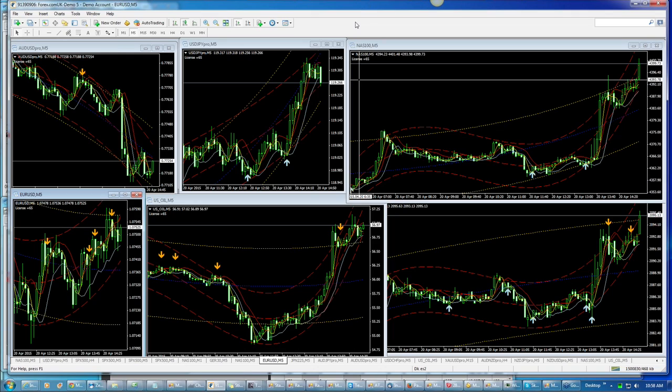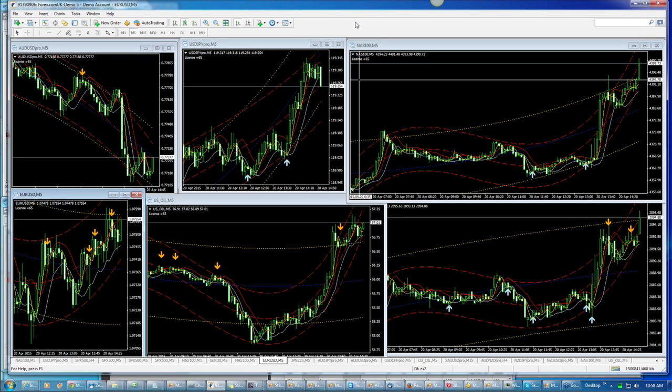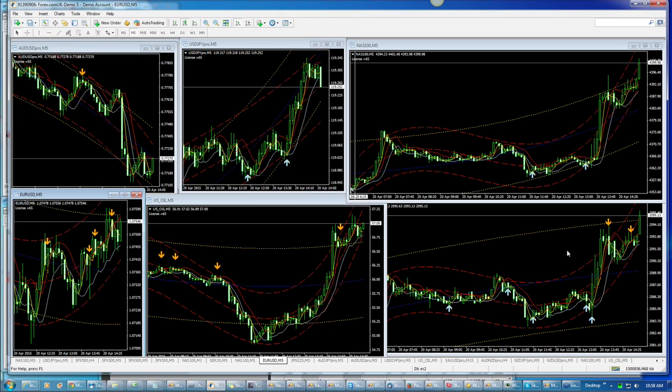The air's a little thin up here for the NASDAQ and S&P. See if crude is going to break out here. Crude has been more correlated, it seems, lately to S&P, NASDAQ.